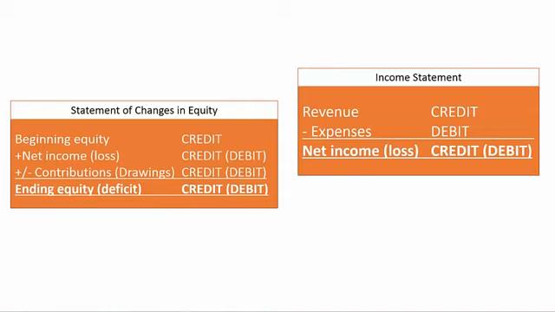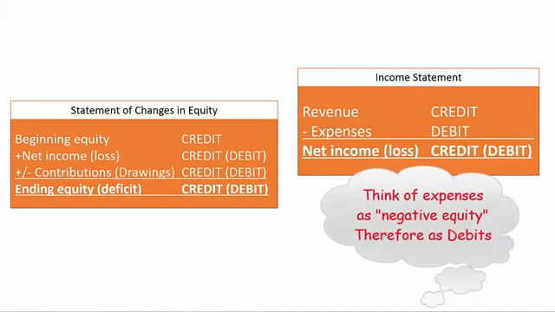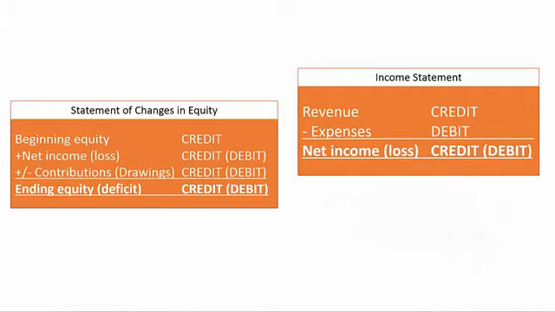Expenses arise when we pay out our bills. We credit cash to reduce an asset account, and the offsetting debit goes to an expense account. Once again, think of expenses as negative equity. As we saw earlier, negative equity and expenses by definition are therefore debit balances. The net amount of revenue less expenses is your net income.